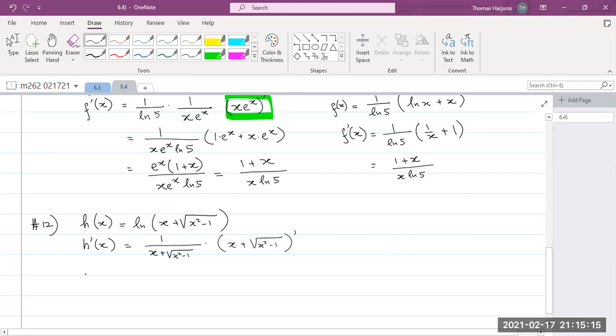Which is 1 over x plus square root of x squared minus 1 times 1 plus, oh, what is the derivative of that thing? x over square root of x squared minus 1, right?